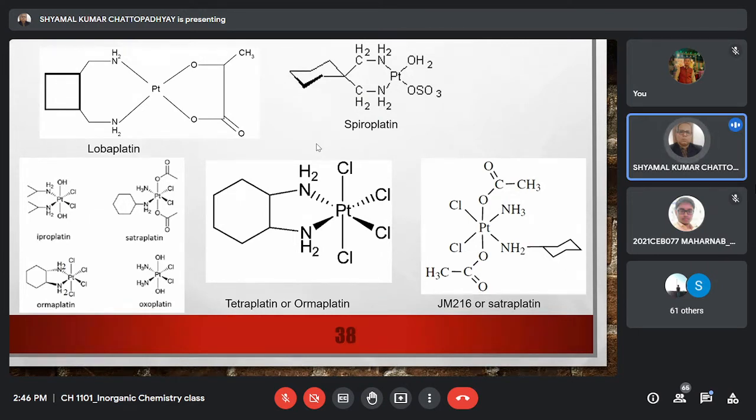It was found that unlike platinum 2, which is more reactive, platinum 4 compounds are relatively more slowly reacting. They are less reactive. What is the advantage of that? The advantage is that if you use a platinum 4 compound, sometimes they are called prodrug.